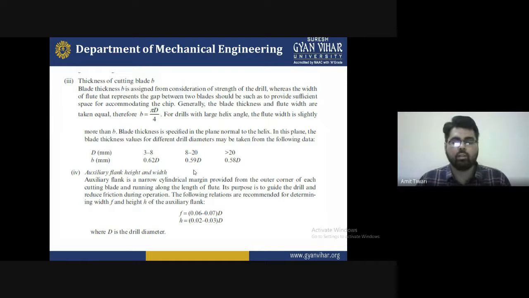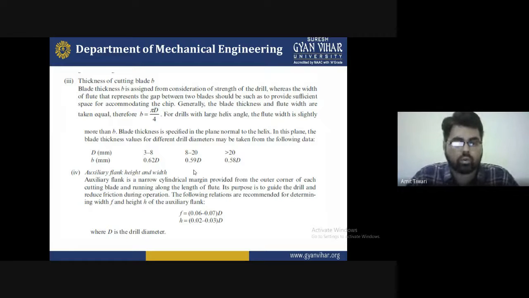So these are some conditions which we observe for the recommended determination: F is the width and H is the height. F is the width, and H is the guide for the auxiliary flank. The purpose is to guide the drill and reduce the friction during operation. If you want to reduce the friction and the heat affected area, we use the auxiliary flank height and width. It helps provide the outer corner of each blade.